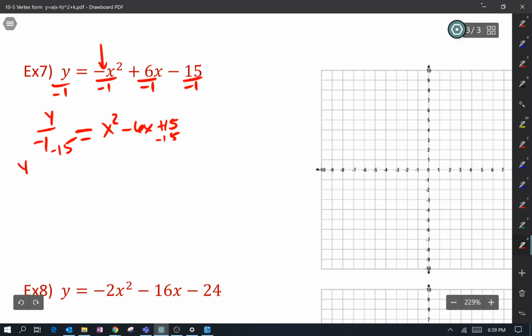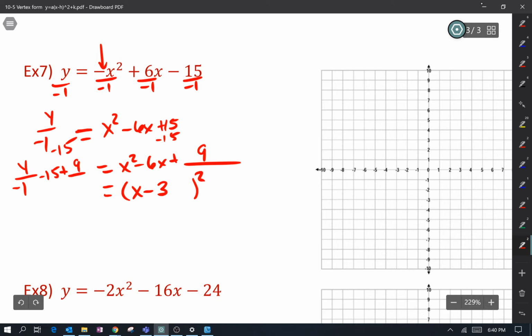So we get y over negative 1 minus 15 plus something equals x squared minus 6x plus something, so that I can make a square. Well, what's half of negative 6? So x minus half of negative 6, which is 3. We're going to square it and put a 9 here. We're going to put a 9 here.